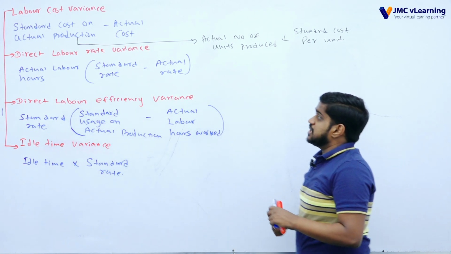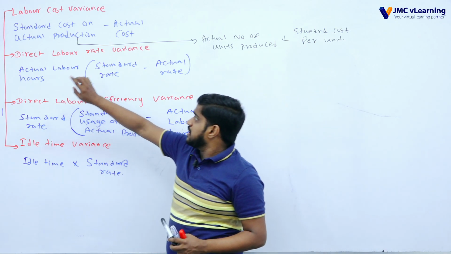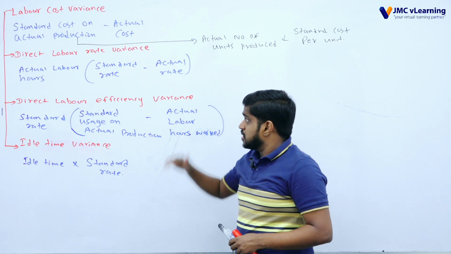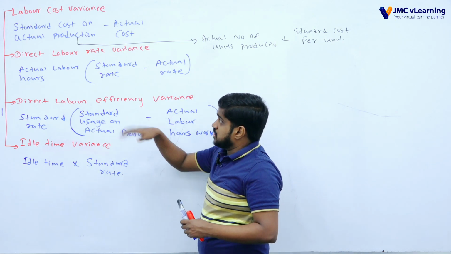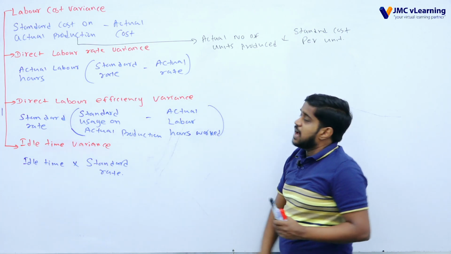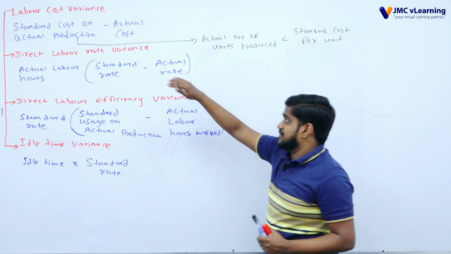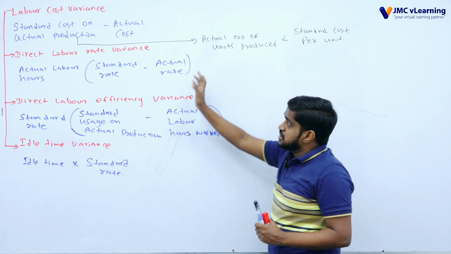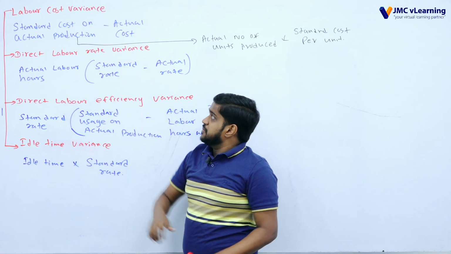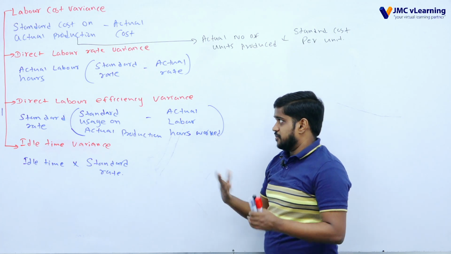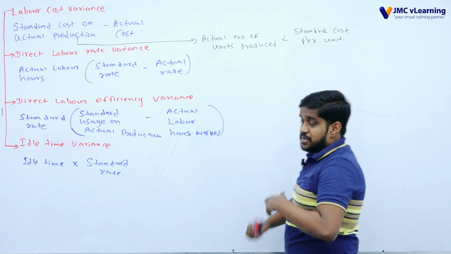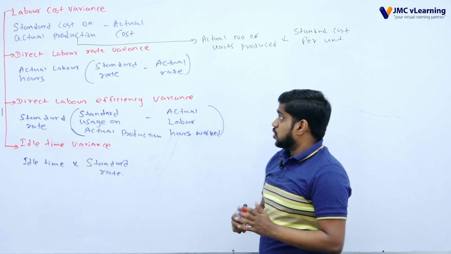We multiply the difference between standard rate per hour and actual rate per hour by actual labor hours paid. Then we get the direct labor rate variance. It is simple. It shows how direct labor rate impacts our total variance.